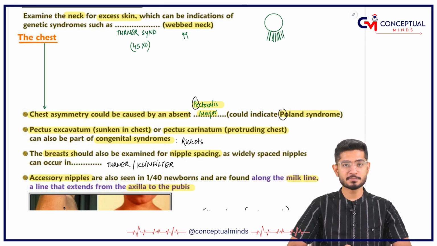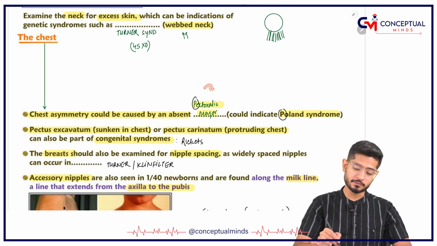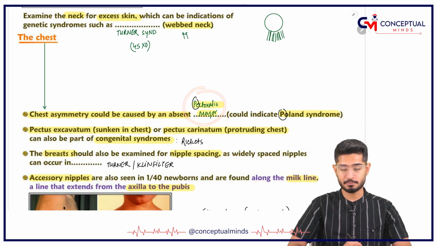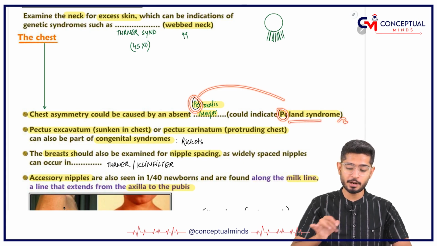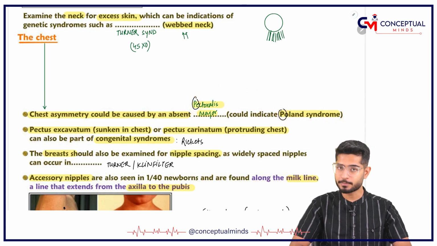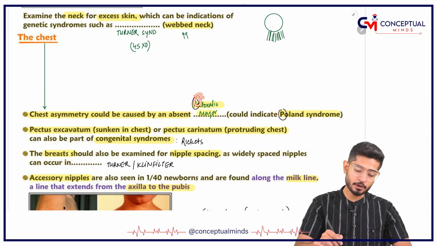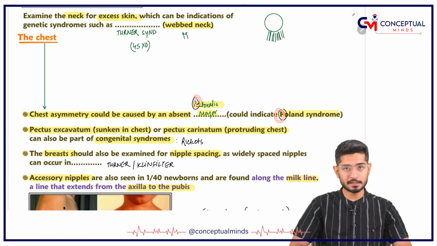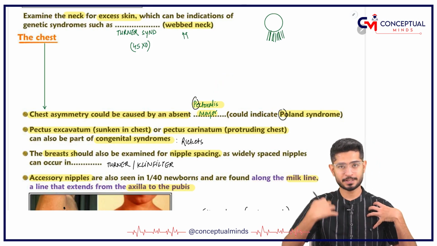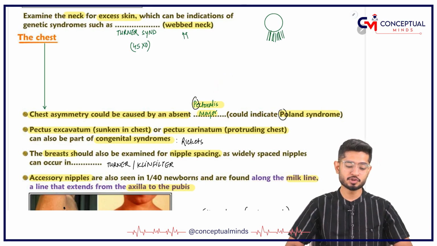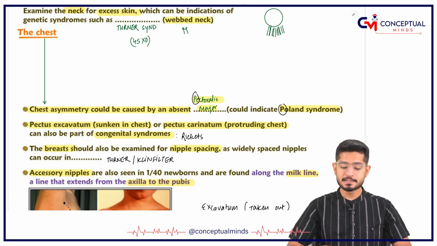So this asymmetry might be because of the pectoralis major muscle, and P for pectoralis major muscle, P for Poland syndrome, in which one side of the pectoralis muscle is absent. That's why one side is taut, one side is lagging. That leads to chest asymmetry.